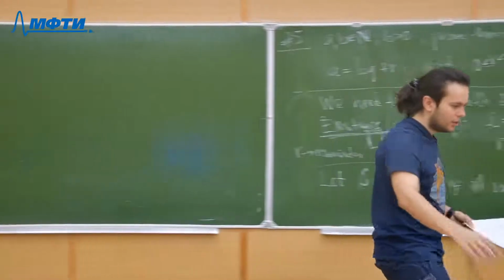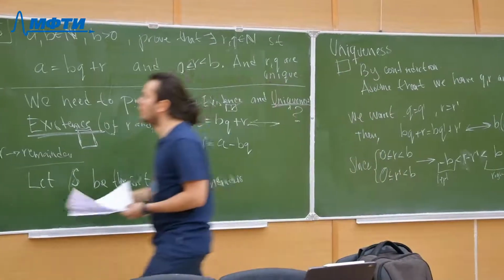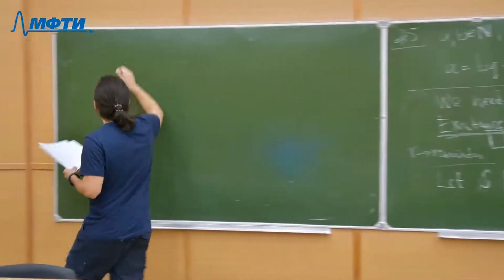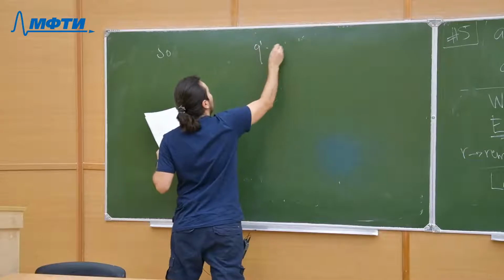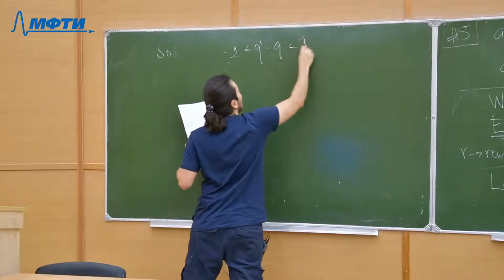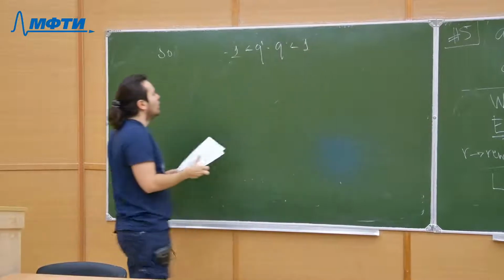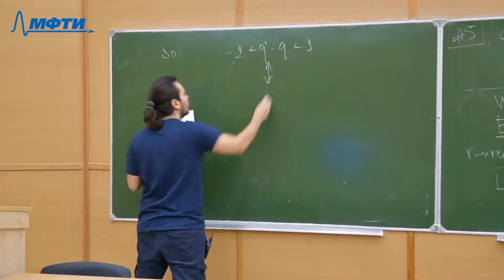So q prime minus q is between minus 1 and 1. Then this is true if and only if what?